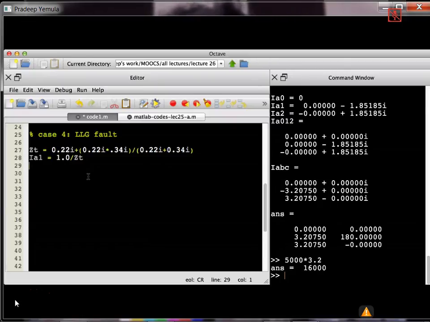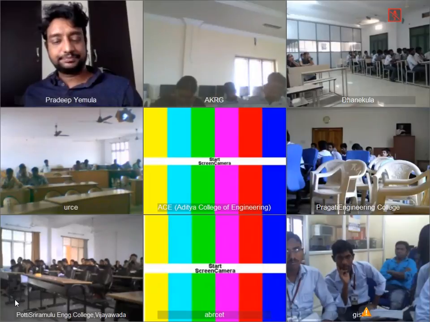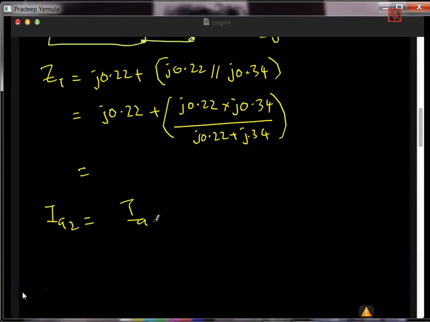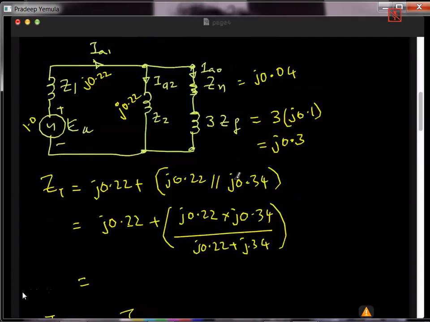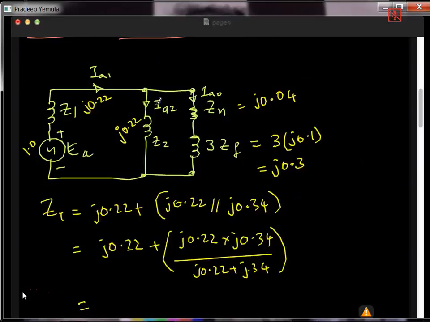Then I'll get IA2 by current division. Let me show how to get IA2 by current division. If I go back to my notes, look at this current division principle. How to get IA2 from IA1?